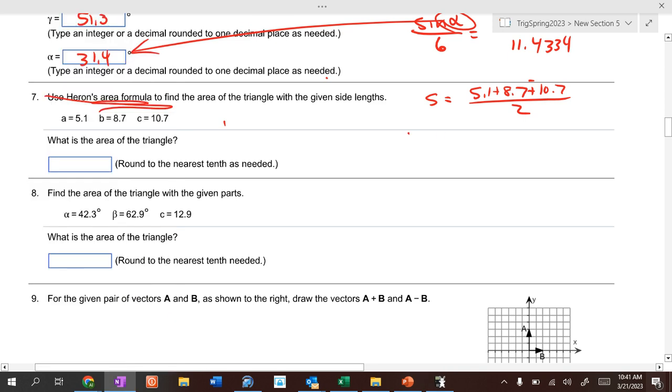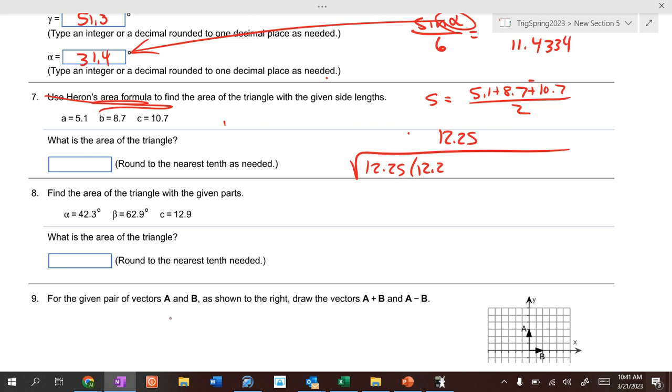Okay, 12.25. So it's the square root of 12.25 times 12.25 minus 5.1 times 12.25 minus 8.7 times 12.25 minus 10.7.